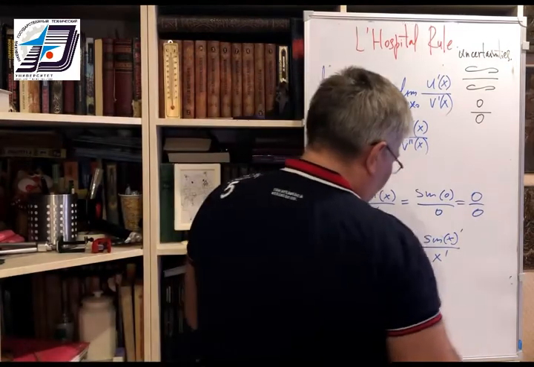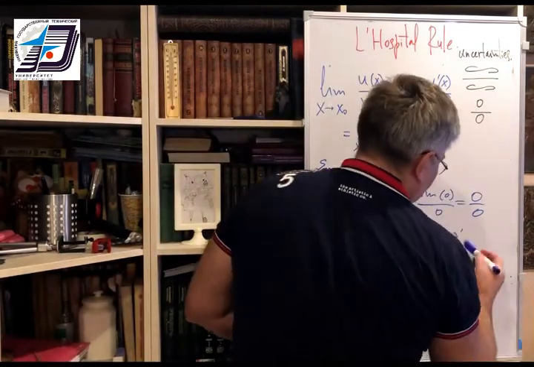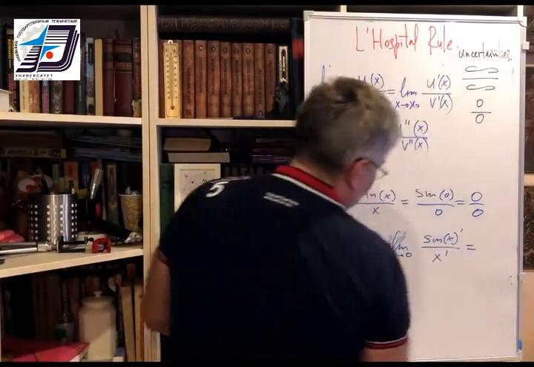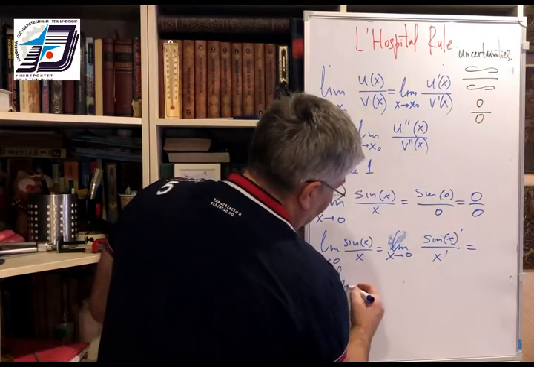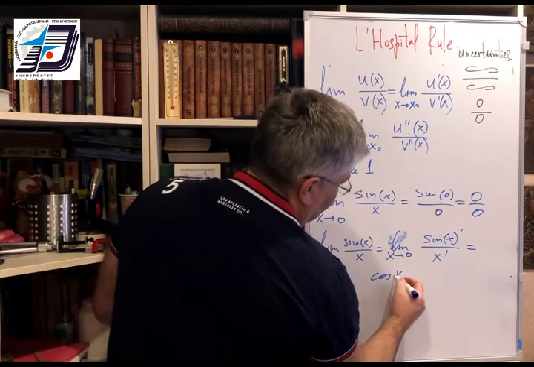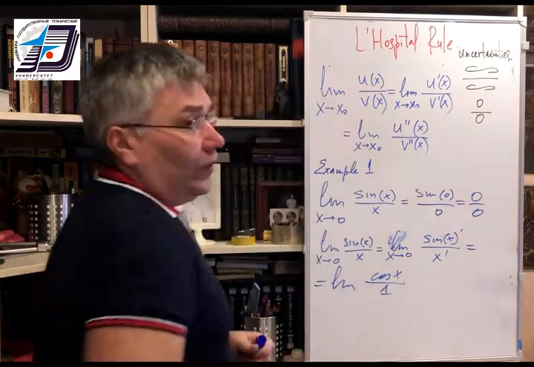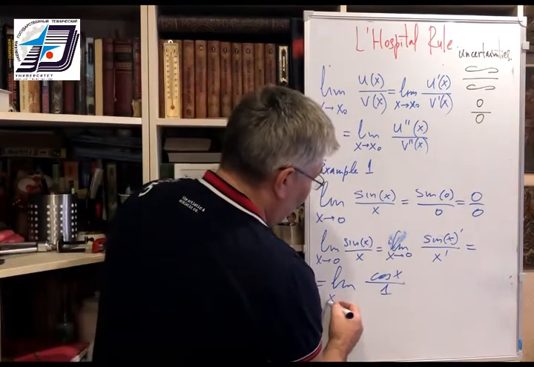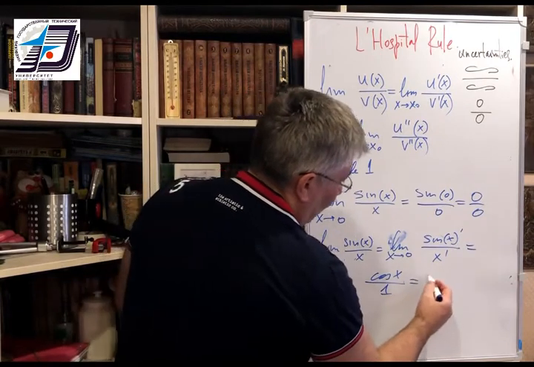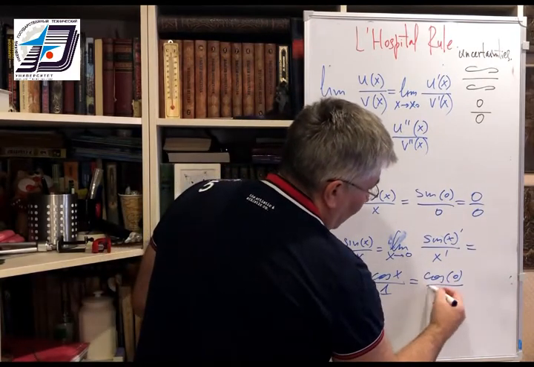We have limit cosine x over 1, since sine gives cosine and x gives 1. Now if we put x equals 0 into this formula, we have cosine of 0 over 1.